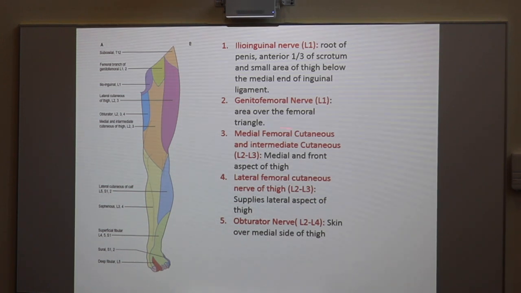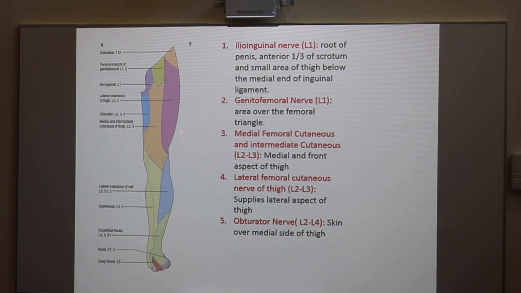But it also gives cutaneous branches, medial femoral cutaneous and intermediate femoral cutaneous, which supply the front of the thigh below the femoral triangle. Their root value is L2 and L3.